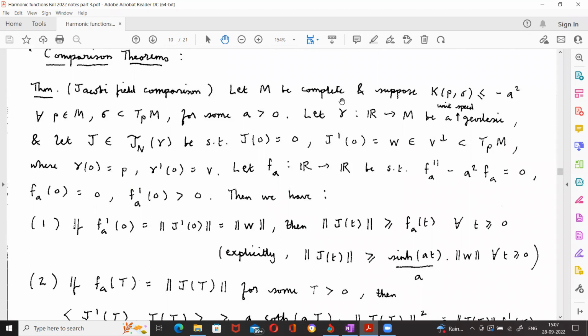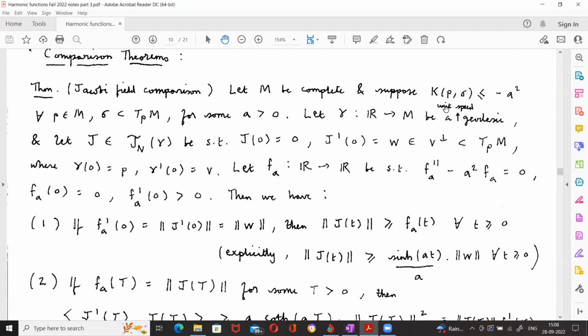Let M be complete, and suppose the sectional curvature, and I'll only do it in the case of negatively curved manifolds, so I won't talk about positive curvature, is less than or equal to a constant minus a squared at all points and at all two planes sigma, where a is some positive constant.